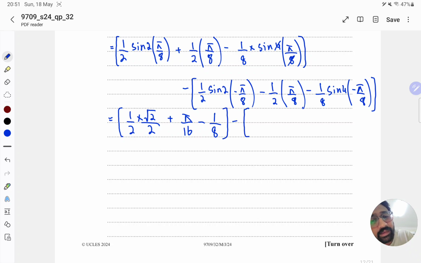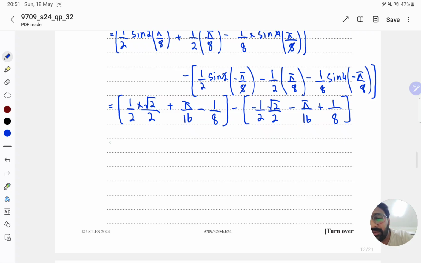And similarly, if I talk about the lower, it will be 1 by 2, sine of minus pi by 4 is going to give me minus square root of 2 divided by 2. So I can write it as 1 by 2 square root of 2 divided by 2 minus pi by 16, minus, it is going to be a negative 1, so it is going to become positive 1 by 8.